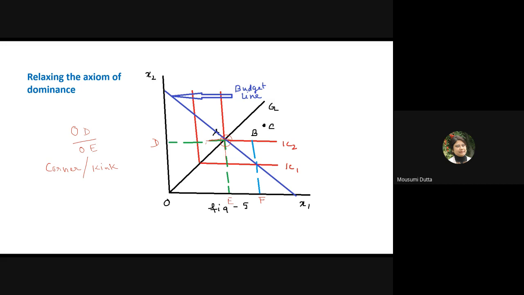For this kind of kinky line, basically the horizontal and the vertical intercepts of the IC are cutting the budget line, or we cannot define any slope at any kink. So slope is not well defined. Only for a smooth curve we can define a slope. So this is all about relaxing the axiom of dominance.